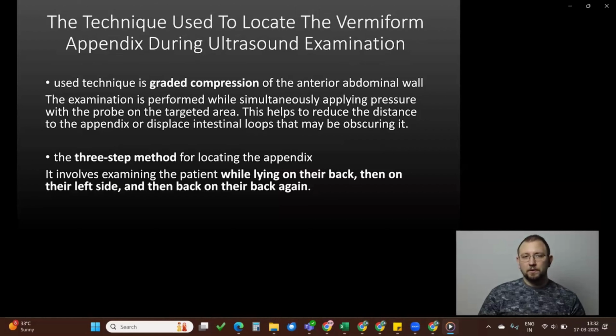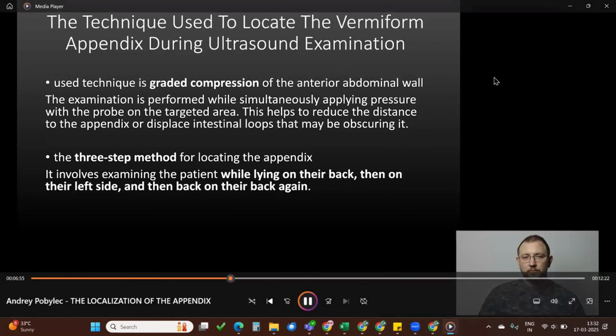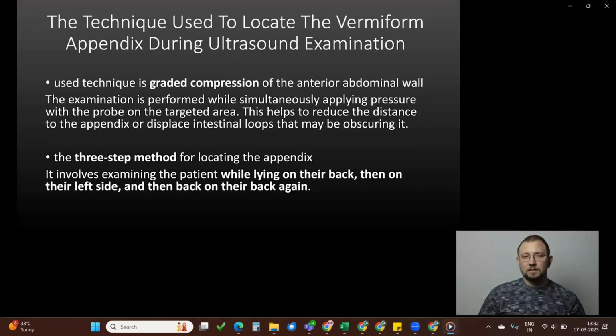The three-step method for locating the appendix is also well known. It involves examining the patient lying on their back, then on their left side, and then on their back again.